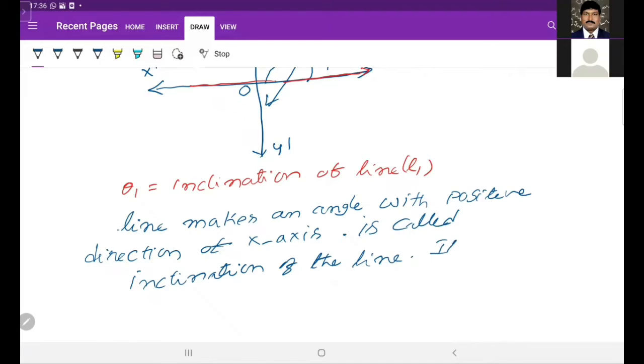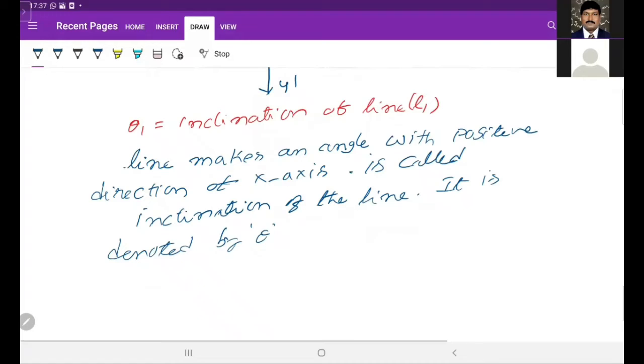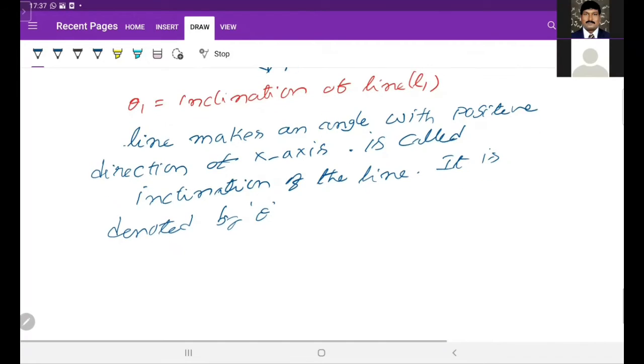It is denoted by theta. Understand? The angle a line makes with the positive direction of the x-axis is called the inclination of the line. It is denoted by theta.